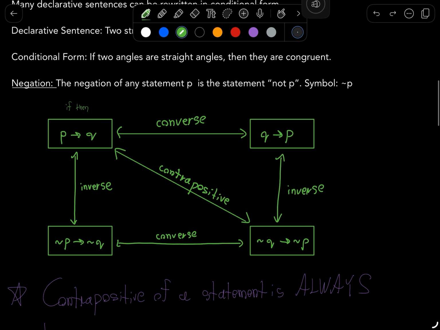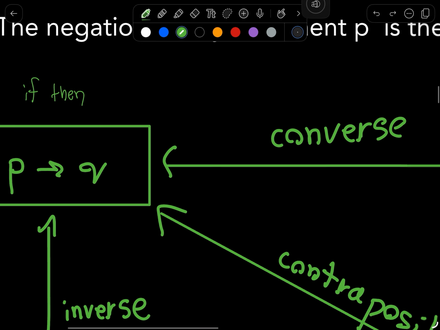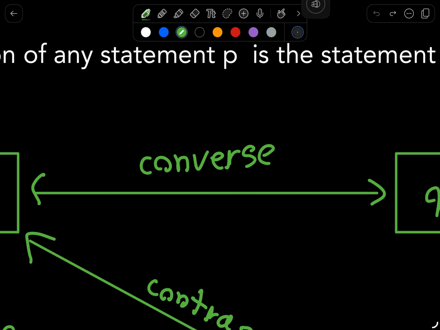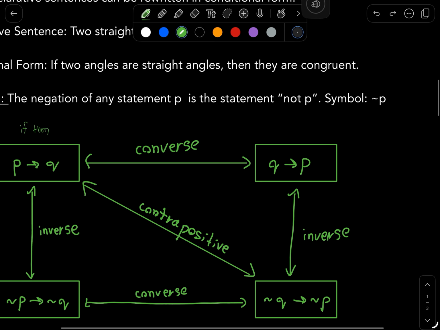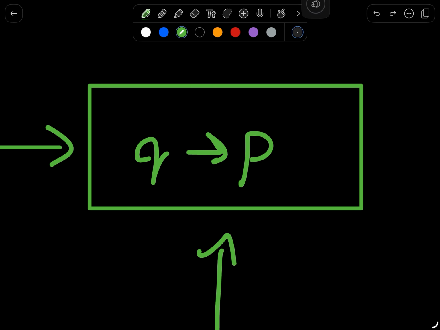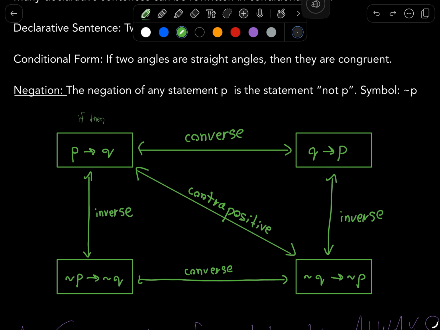So if you have that basic P to Q, if P then Q, then the converse, which I've mentioned a couple of times before, is just flipped. Instead of saying if P happens, then Q happens, you would say if Q happens, then P happens. So the simple relationship between the basic conditional statement and the converse is that you just flip the two parts. P to Q becomes Q to P.